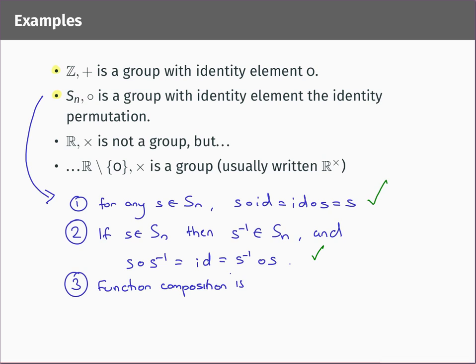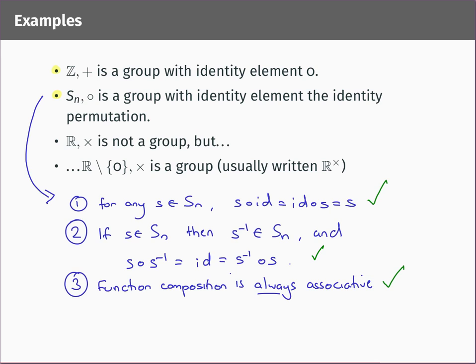Function composition is always associative. So certainly the special case of composing 3 permutations is associative too, and therefore we've checked all 3 axioms, and Sn together with the binary operation of composition of functions is genuinely a group.